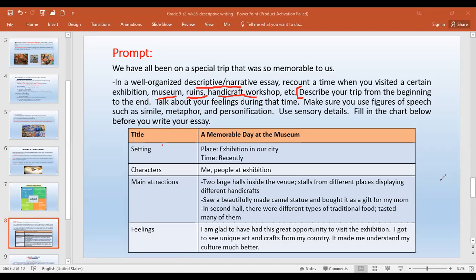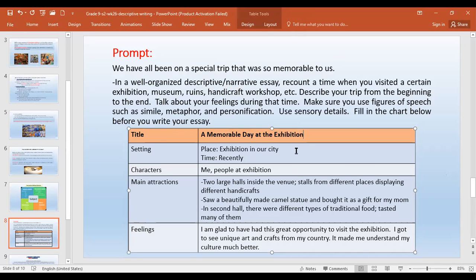Okay, I wrote about a trip to an exhibition, and this is how I divided my essay. If you get an official exam or any other exam, if you get a descriptive essay, you will probably have a chart and not an outline to fill.